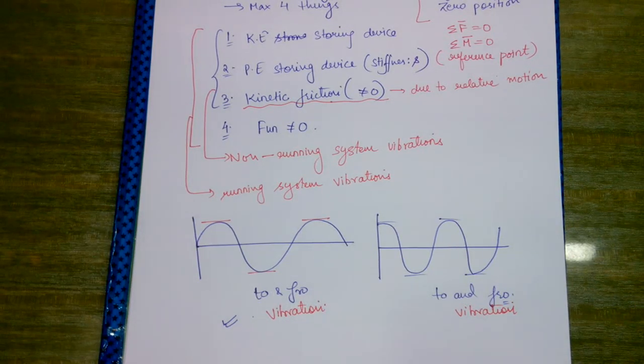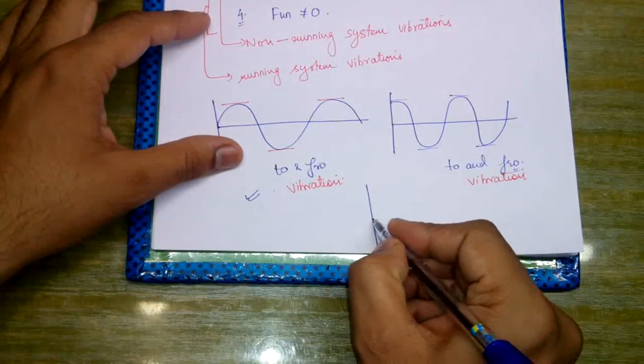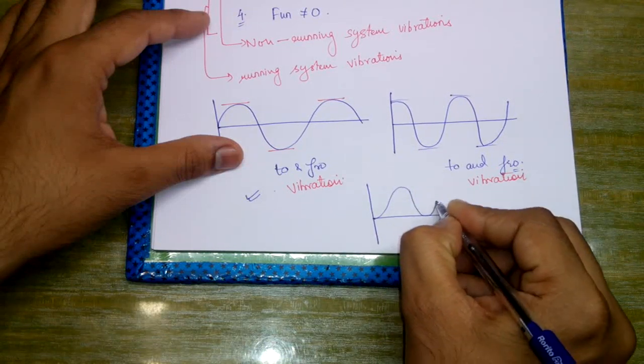But if I consider the example of a sine square wave, such that I draw the graph. So the sine square wave graph is like this.